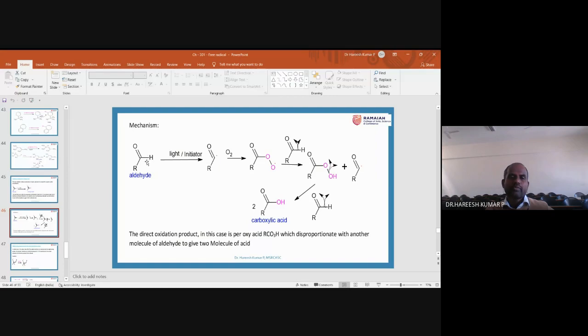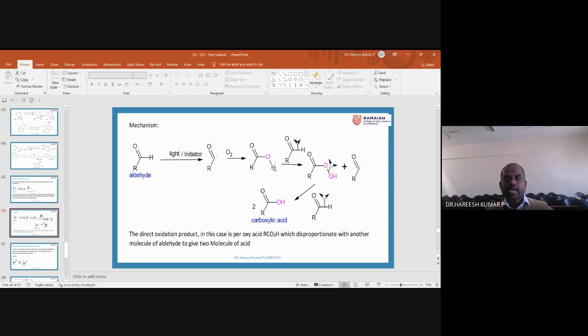The hydrogen attached to the electron-deficient carbonyl carbon undergoes homolytic cleavage, giving rise to a radical. An acyl radical is obtained. The acyl radical reacts with the oxygen present in air, giving rise to an acyl peroxy radical. This group is called the acyl peroxy radical.